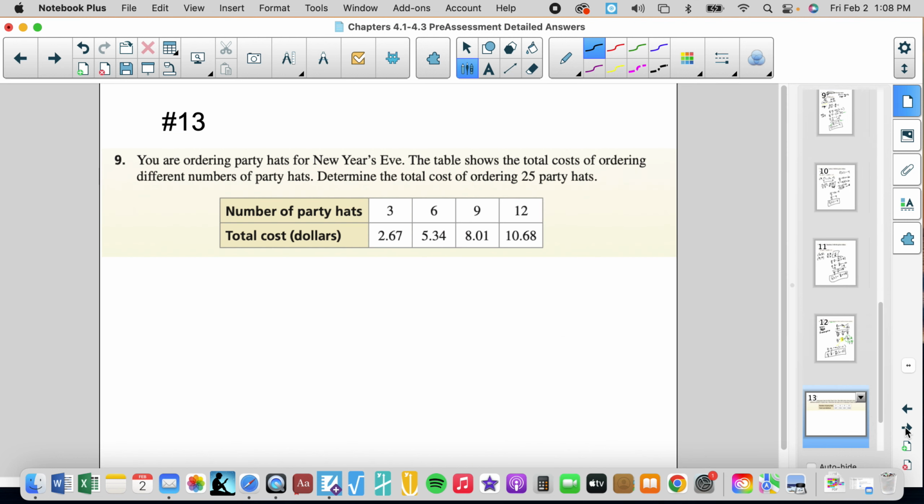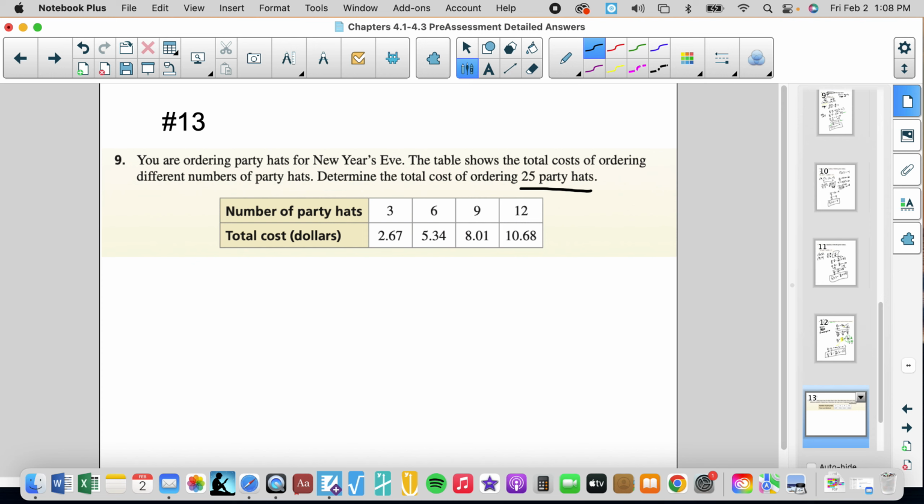You are ordering party hats for New Year's Eve. The table shows the total cost of ordering different numbers of party hats. Determine the total cost of ordering 25 party hats. I know you can continue to do this out and manipulate and stuff like that, but remember, what are we trying to practice in chapters 4.1 through 4.3? We're trying to write equations for information so we can find another piece from the given.